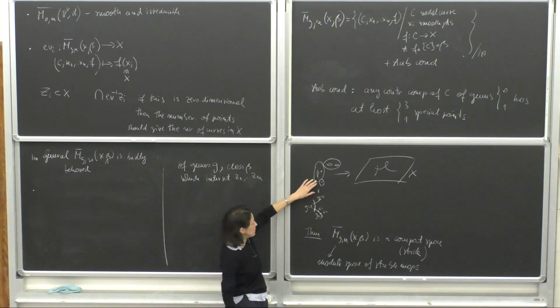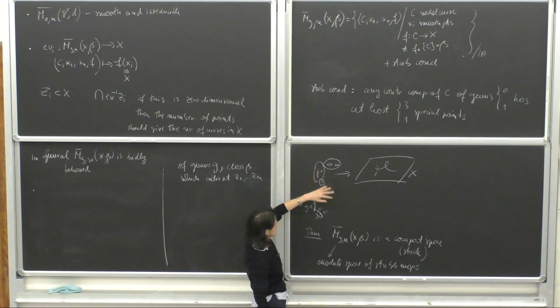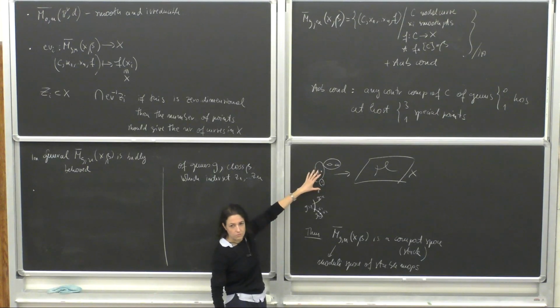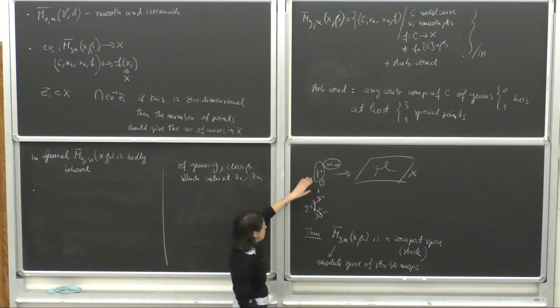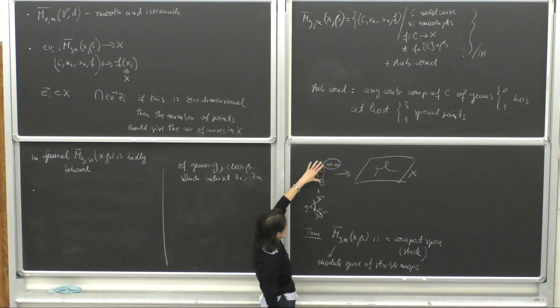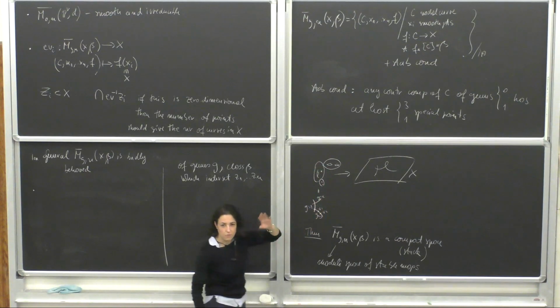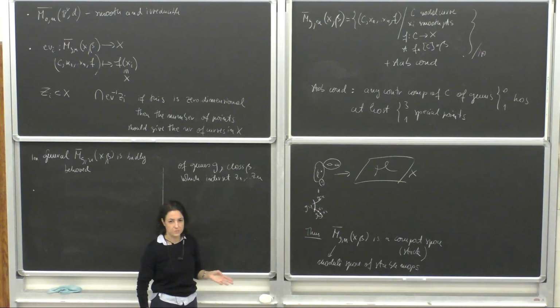So I'm allowing it to have nodes. But ideally, I don't want to count these. In an ideal world, I would just like to count smooth curves, and I would expect these curves with nodes to be in the boundary of my space. Unfortunately, this is not true.